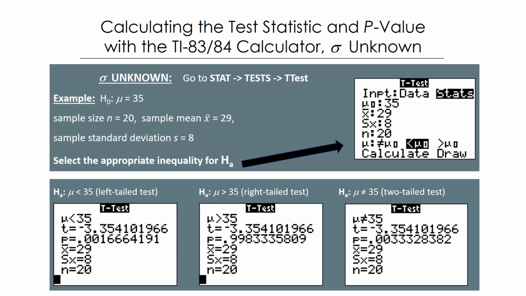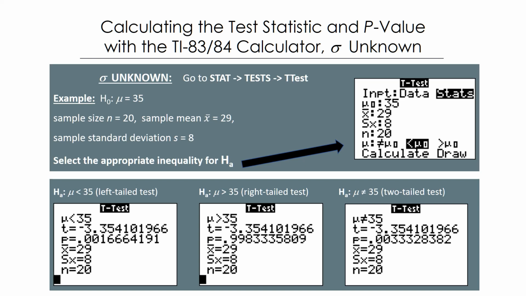And then you select the appropriate inequality for the alternative hypothesis. So you select either not equal, less than, or greater than, depending on whether you have a two-tailed, left-tailed, or right-tailed test, so that it knows which way to calculate the p-value. And you can see in the displays, for your left-tailed test, when HA is mu is less than 35, we get the p-value of 0.001666, which rounds to 0.0017.